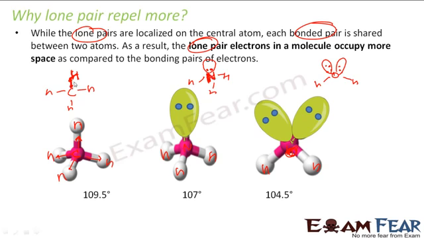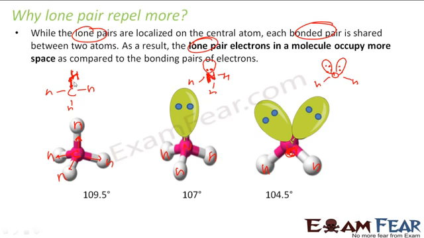There was a lone pair here, it repelled, the angle squeezed. 2 lone pairs squeezed all the more, the angle further went down. Correct? So the normal scenario was tetrahedral. With 1 repulsion, it becomes trigonal pyramidal. 1 more repulsion, it becomes bent.